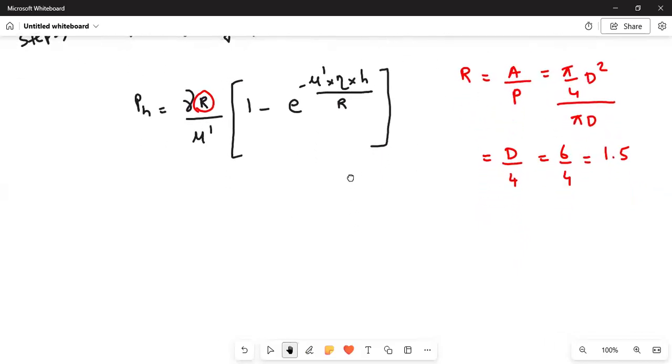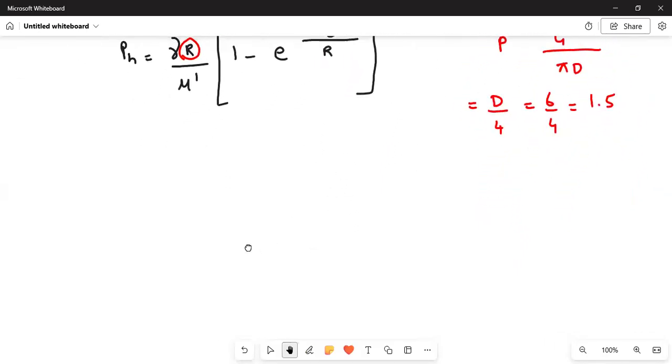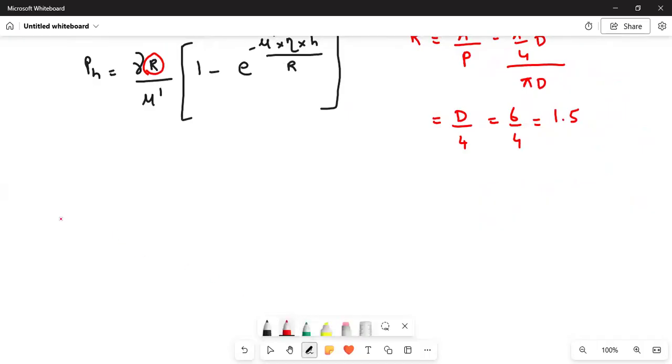Okay. So we got R, and we need to find the depth. pH, horizontal pressure. Gamma is 8. Hydraulic mean depth is 1.5.